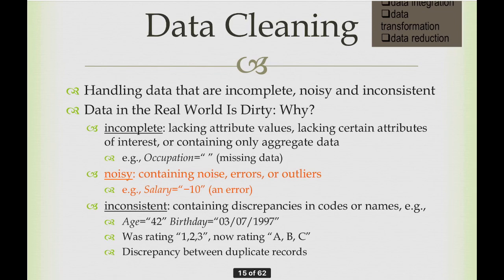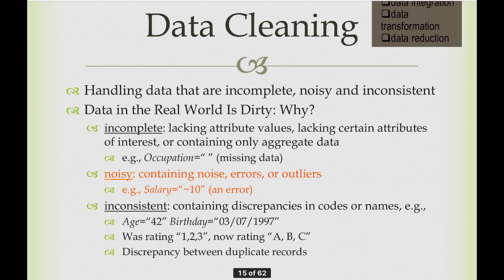Inconsistent meaning that it contains discrepancies in codes or names. For example, contohnya age dengan birthday, we can relate them together. The data say that age for one person, for example for Ali, is 42, but the birthday of Ali is July 1997. So this is not consistent. Sepatutnya kalau 1997 orang tu baru berumur 23.